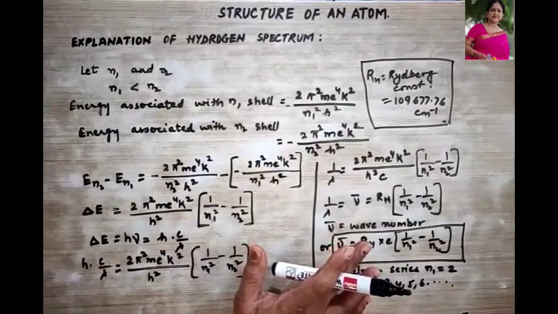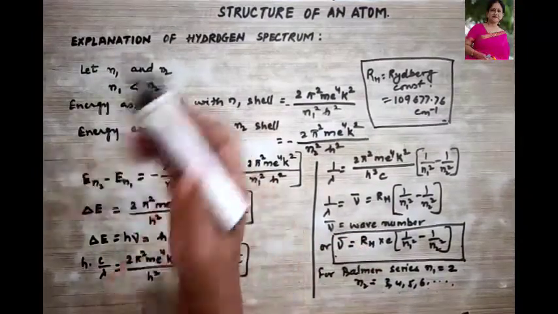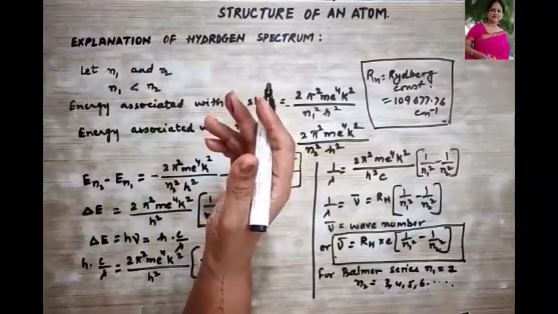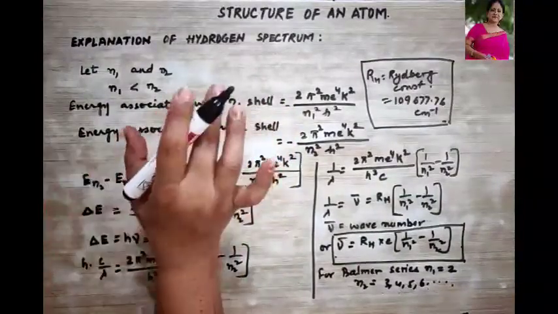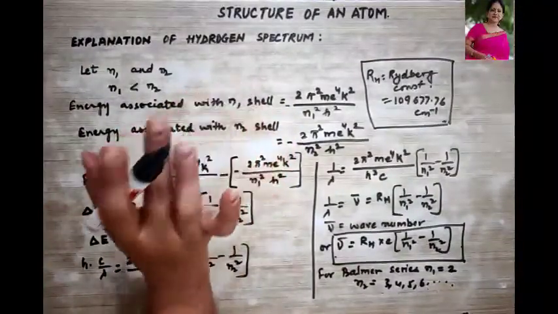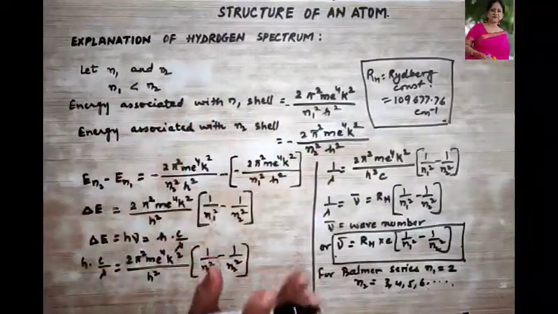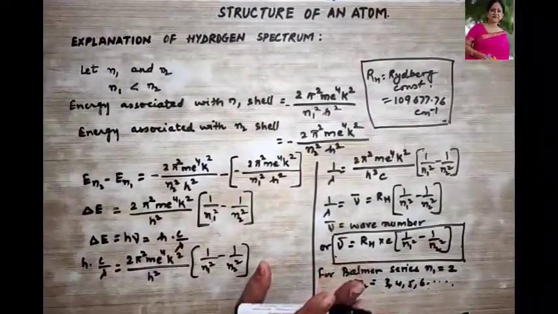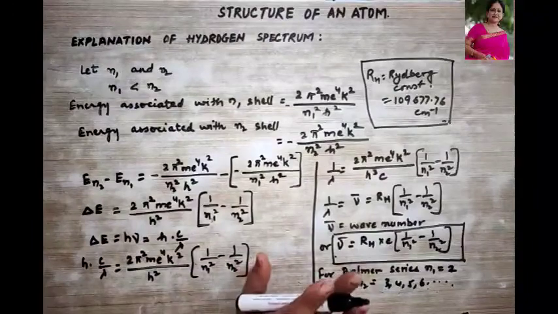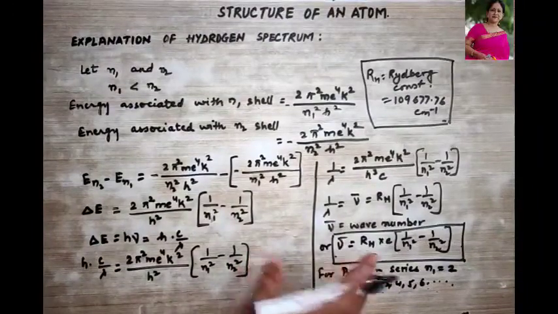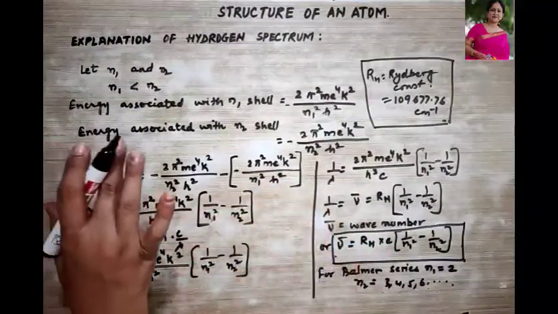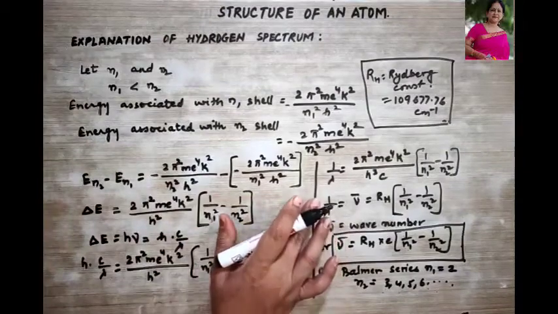Now, some more points that support Bohr's theory are that the frequencies of the spectral lines can be calculated from Bohr's equation, and they are in close agreement with the frequencies observed experimentally in the hydrogen atom.